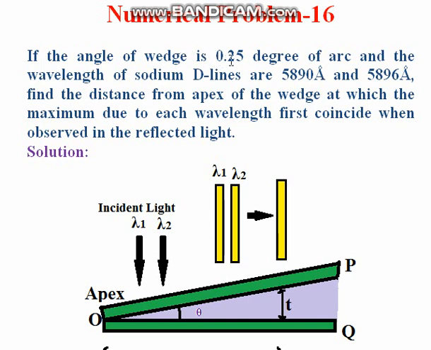So if the angle of wedge is 0.25 degree of arc and the wavelengths of sodium D lines are 5890 angstrom and 5896 angstrom, find the distance from the apex of the wedge at which the maximum due to each wavelength first coincide when observed in the reflected light. So this is the question.